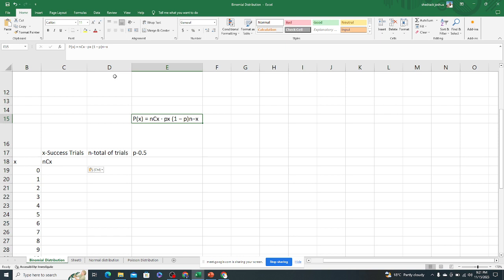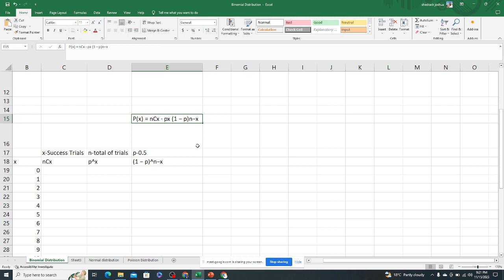We'll also need p raised to x, that is the probability of success raised to x. We also need the probability of not success raised to n minus x. If you remember, this is the formula which we had illustrated when we were dealing with binomial distribution.